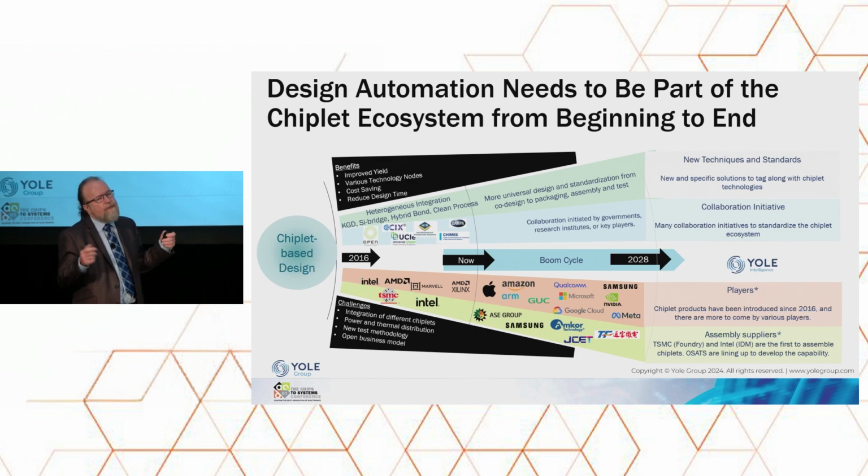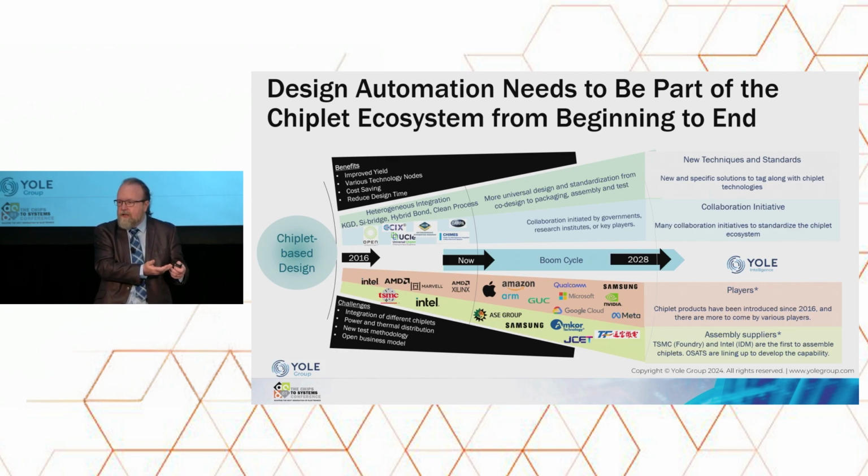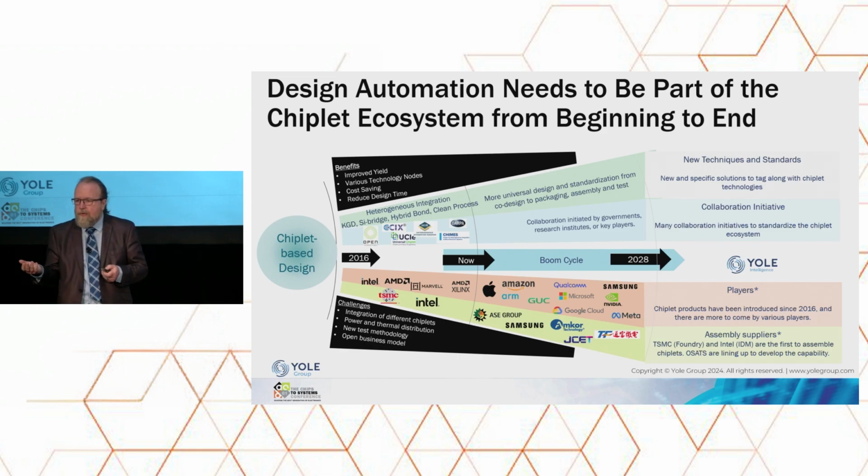So I'm here to focus your attention back onto design automation. That's why everybody's here. In order for you to move along with this evolution, your design automation solutions have to take into account that the ultimate package may not be where you're starting from in terms of designing a die. The design of that die may ultimately go into a package.